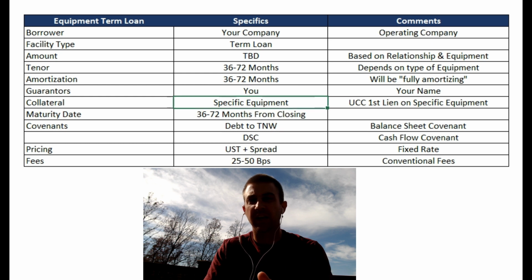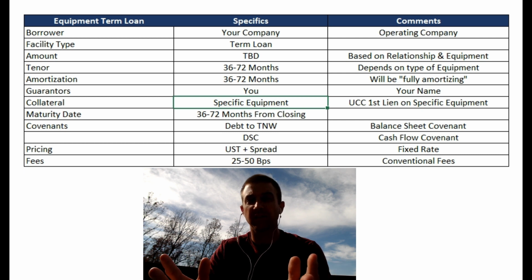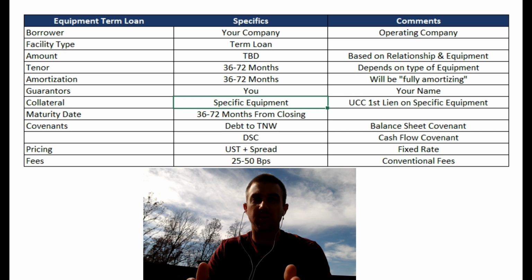Moving next down the list, again, the collateral. What's it going to be? It's going to be that specific piece of equipment. Now, if you have other facilities too, that equipment could somehow get roped in to cross-collateralizing those facilities. But yeah, it's going to be that specific equipment. They're going to take a UCC lien on the specific equipment.